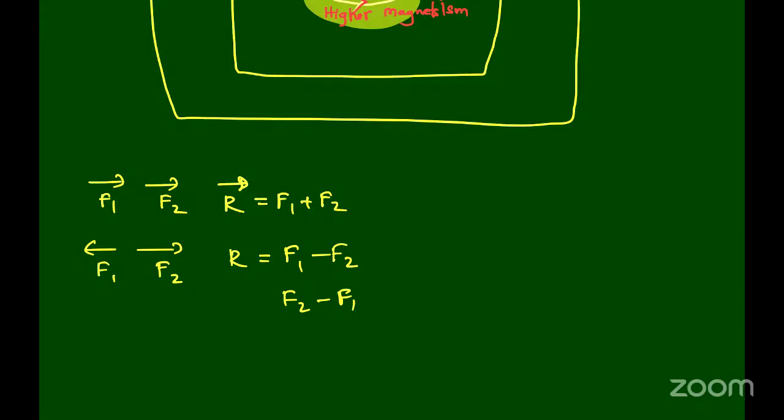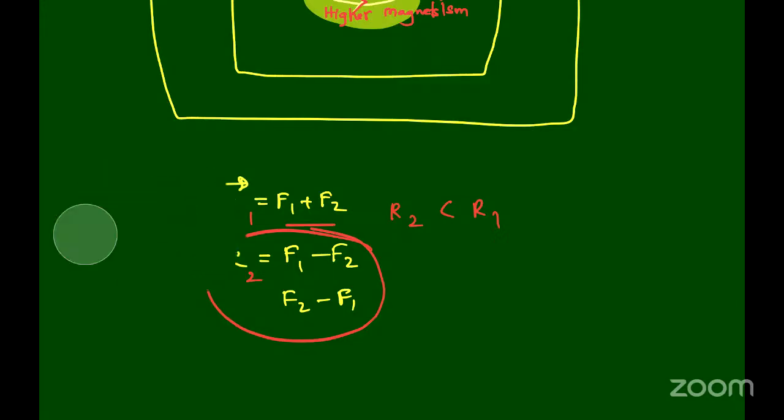If we consider the values here, this R1 and R2, definitely the R2 value will be lower than R1. The reason is you are considering the gap here. You are not taking the summation as in the previous case. The same thing applies here, right? We are dealing with magnetic forces.